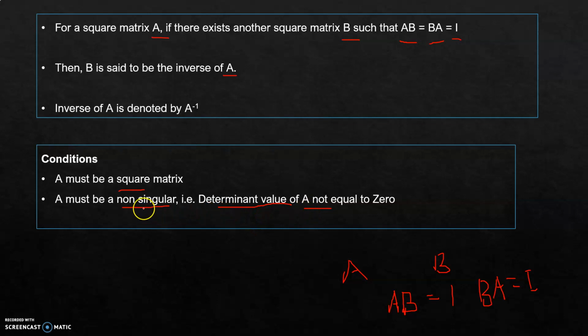If the determinant value of a given matrix is 0, we call it a singular matrix. If it is not equal to 0, it is a non-singular matrix. So the matrix must be non-singular. Then only there will be an inverse. Then if A is the inverse of B, B is the inverse of A also.